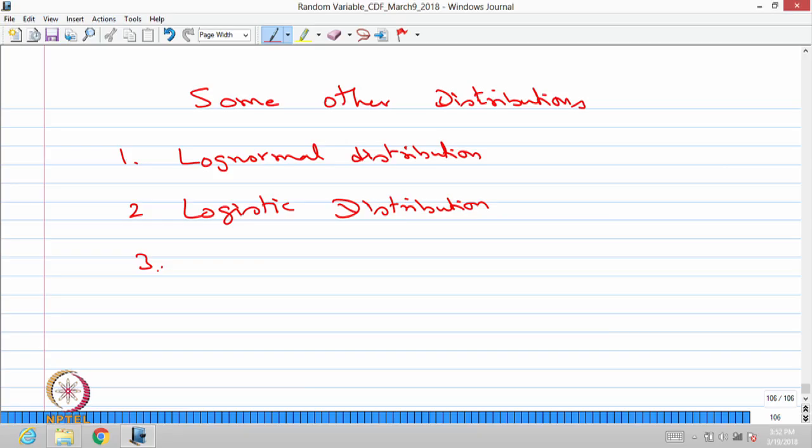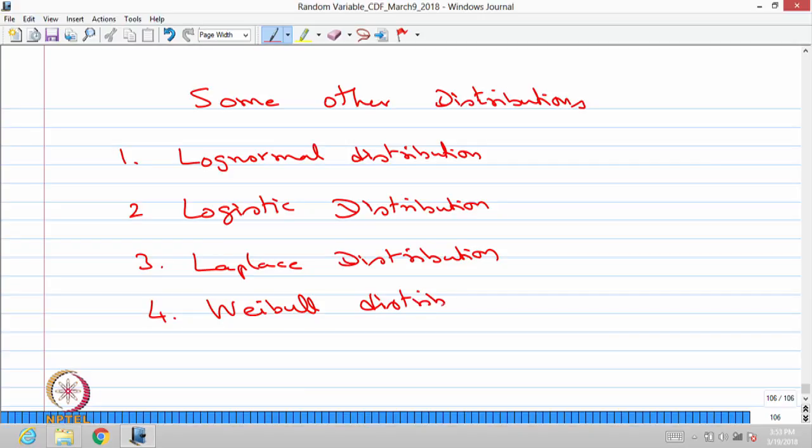The third one, Laplace distribution. The fourth one, Weibull distribution. And fifth, Pareto distribution.